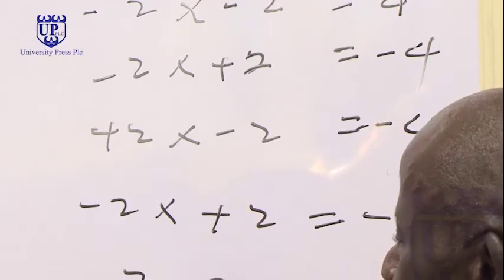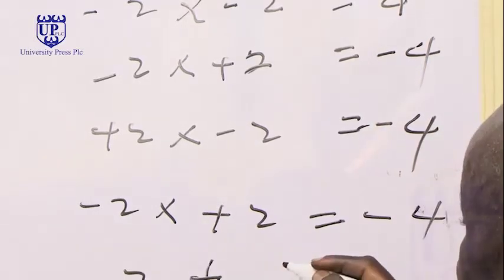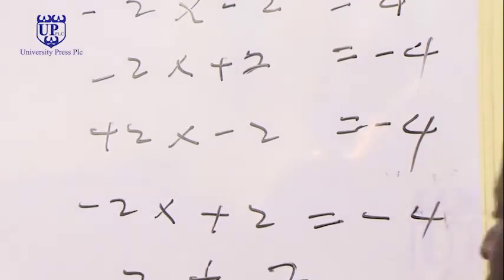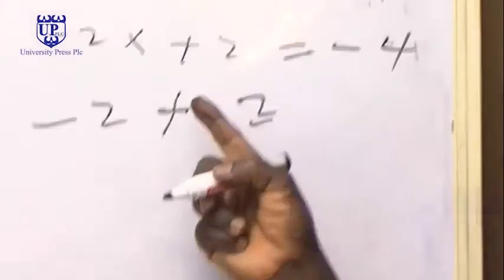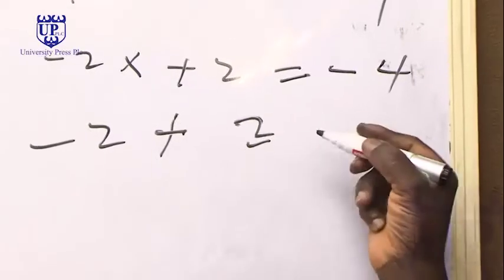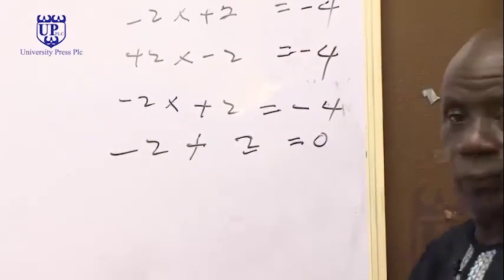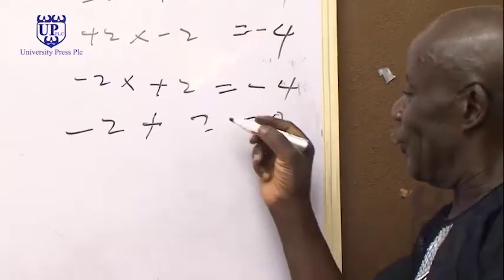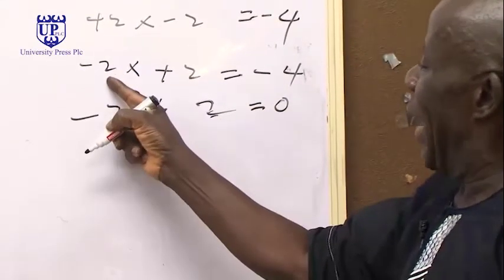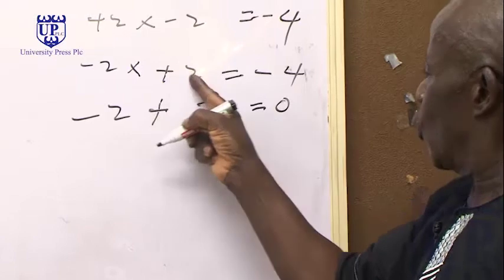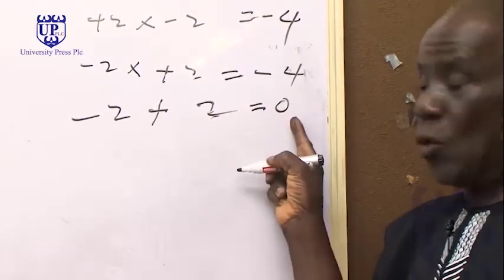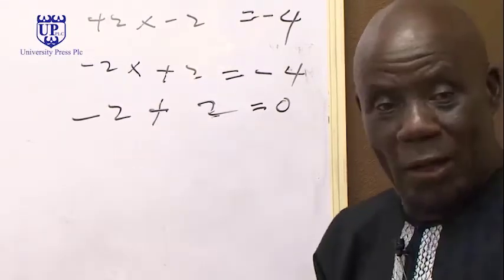But -2 plus 2, you say, because this is minus and plus, it is minus. No, this one is 0. This is where we are going. -2 multiplied by +2 is -4, but -2 plus 2 is 0. It's the same thing as I told you.